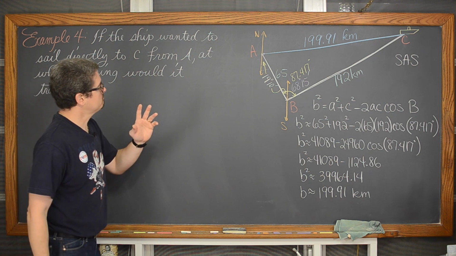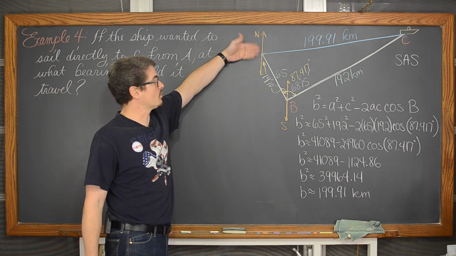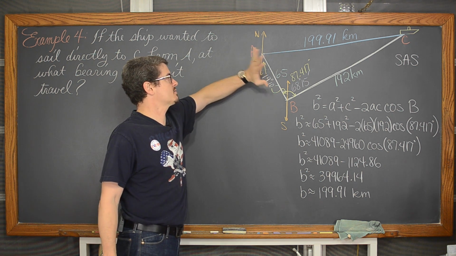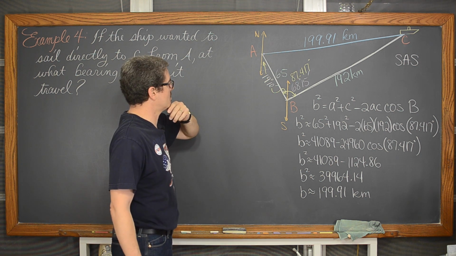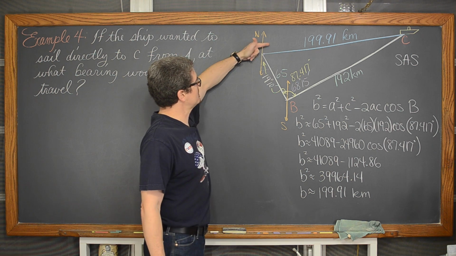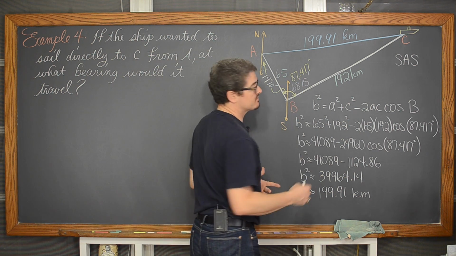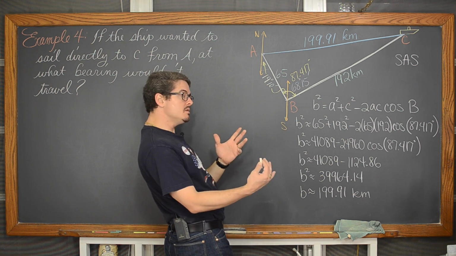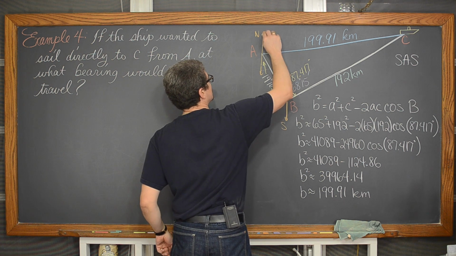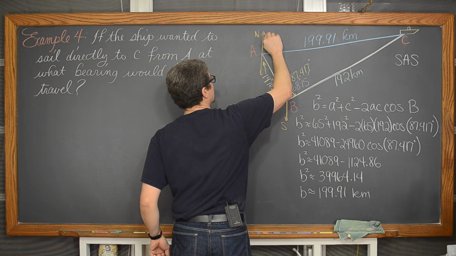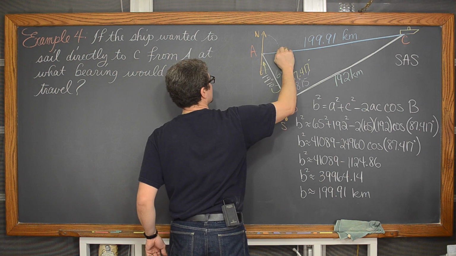Okay, well, I'm going to be referencing north or south. I try to draw this somewhat to scale, so I think that that's going to be an acute angle. I don't have to do north something east. I can just make an angle measure off of due north. I need to find out what this bearing is right there.